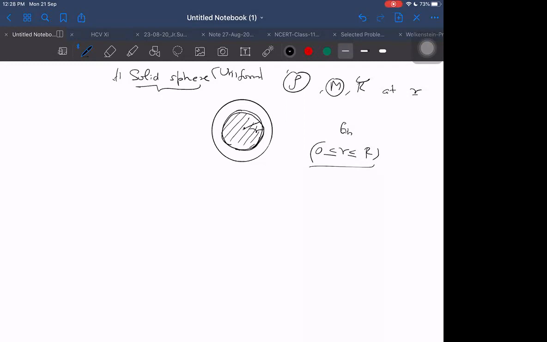So if I take a closed surface around the shaded portion, then according to Gauss law, the integral of E dot ds along the closed surface is equal to minus 4 pi G into mass enclosed within the closed surface.